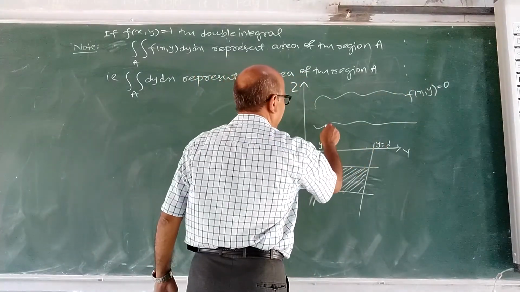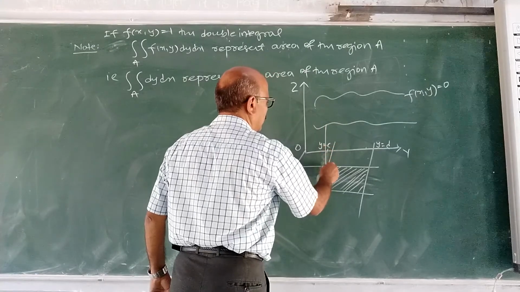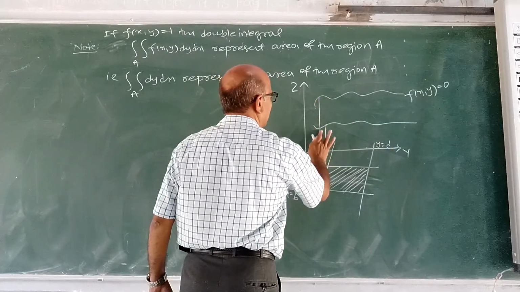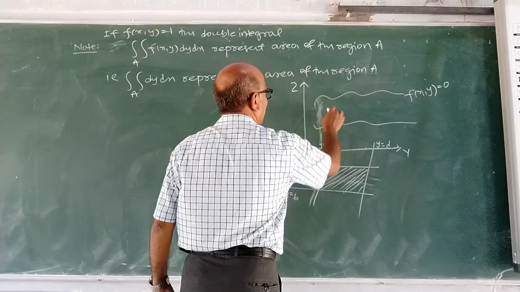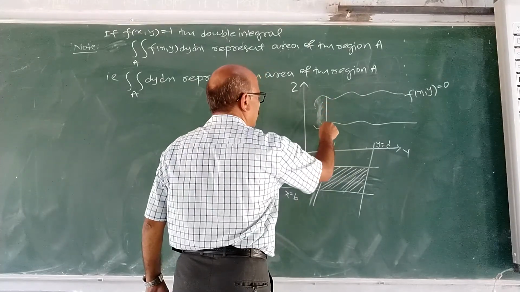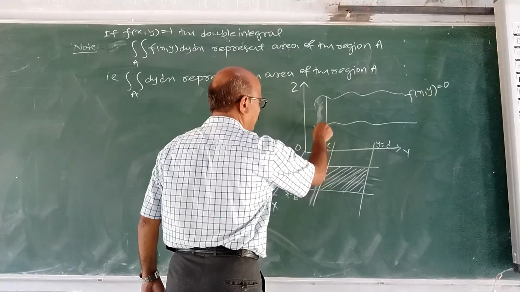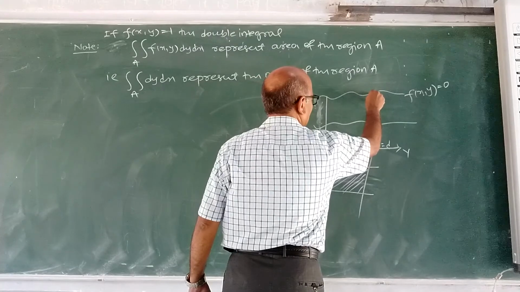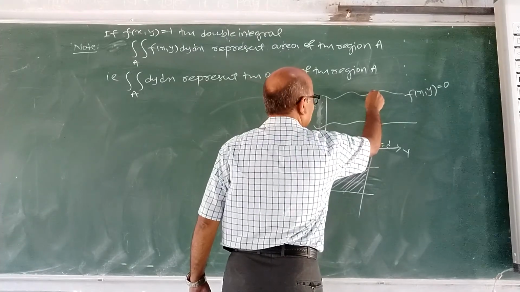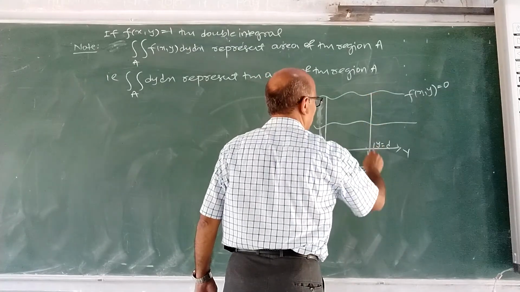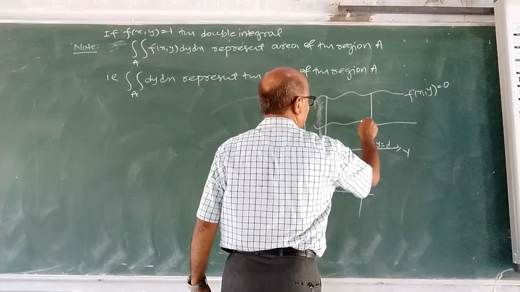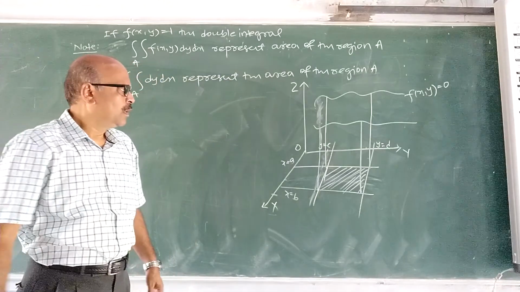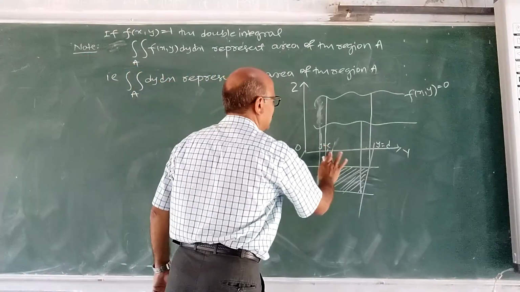Now, I consider this region, that is, the volume over this region. Take the perpendicular lines like this. These are the lines.